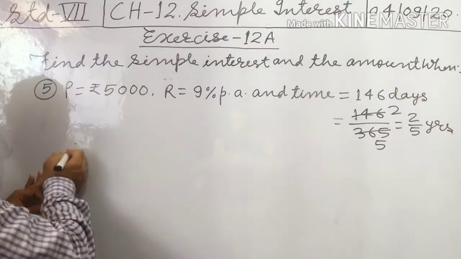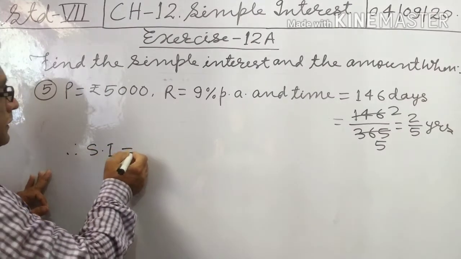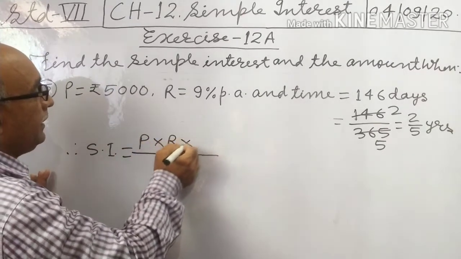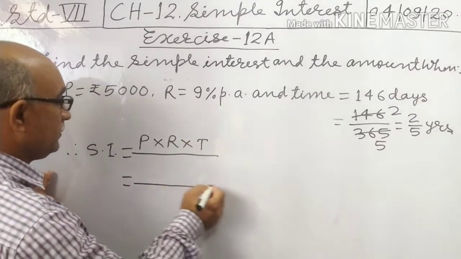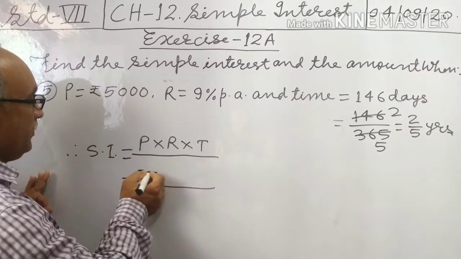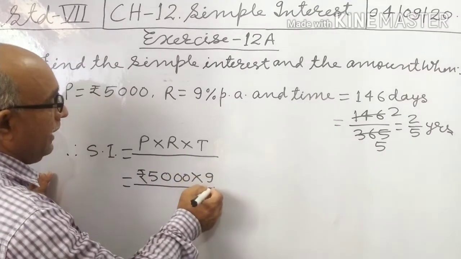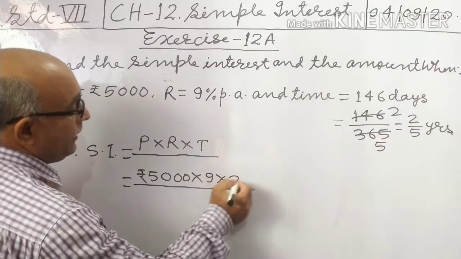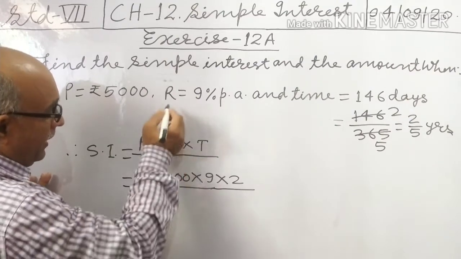Now find SI. SI equal to P into R into T by 100. It is the formula to find SI. P equal to rupees 5000 into R equal to 9 and T equal to 2 by 5 divided by 100.